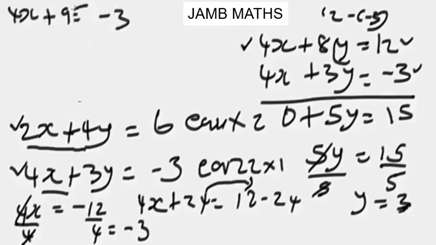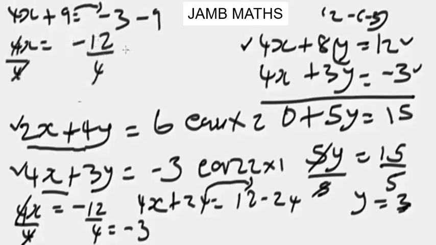So this 9 crosses the equality sign and changes to -9. So 4x equals -3 minus 9, which gives us -12. Divide both sides by 4 to get the same output. x will still be -3.